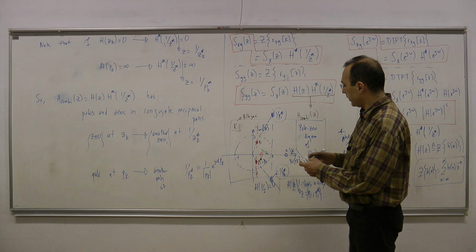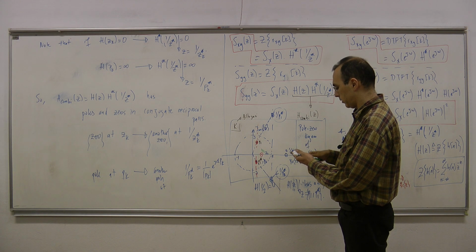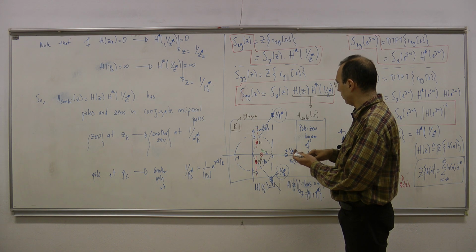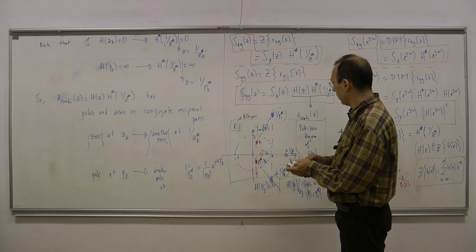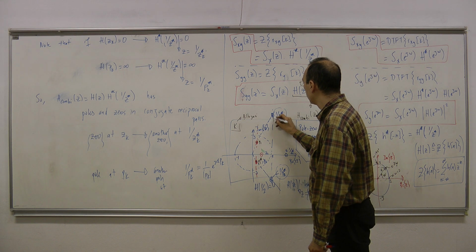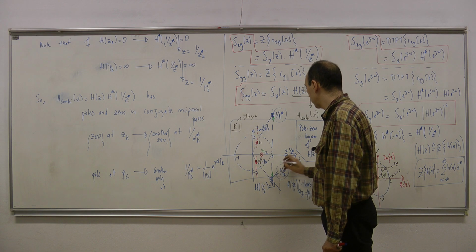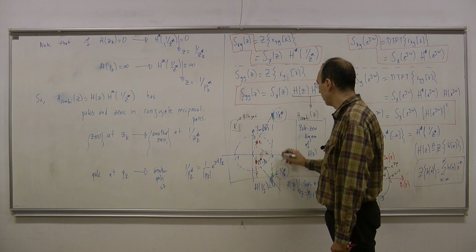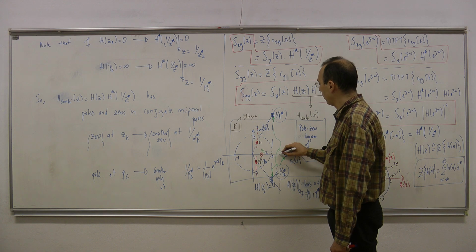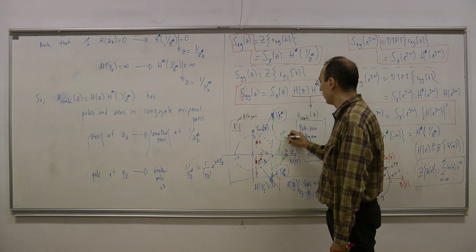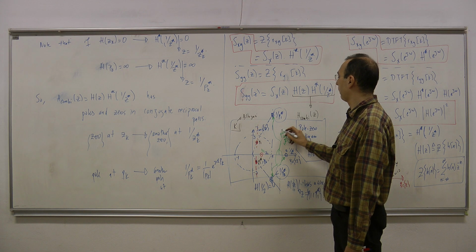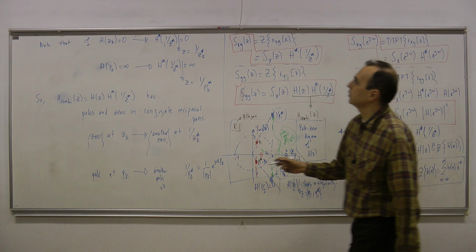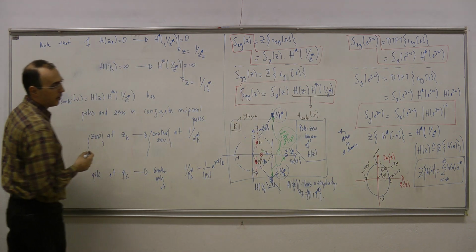So these blue ones, let me mark this with this color, these are the poles and zeros of H conjugate 1 over z conjugate. Because that was what I was trying to describe.